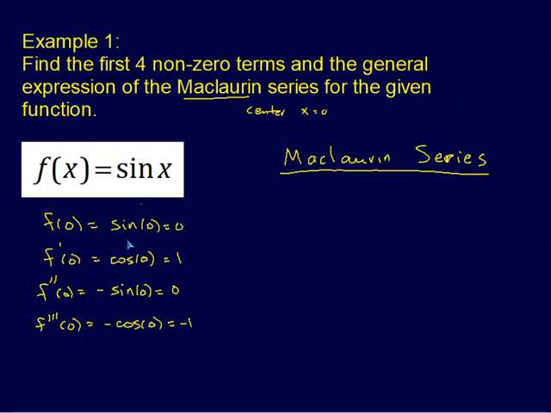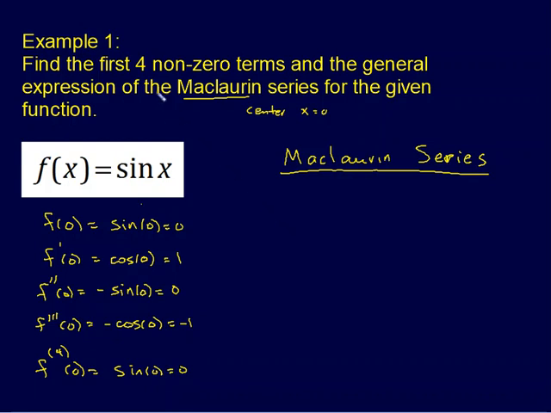Okay, so we're going to visit sine x first. I've written out the value of f of 0 being sine of 0, and then the first 3 derivatives. Maybe I should write the 4th one in there too. And so the 4th derivative would be back to sine of 0, which would be a 0 again.